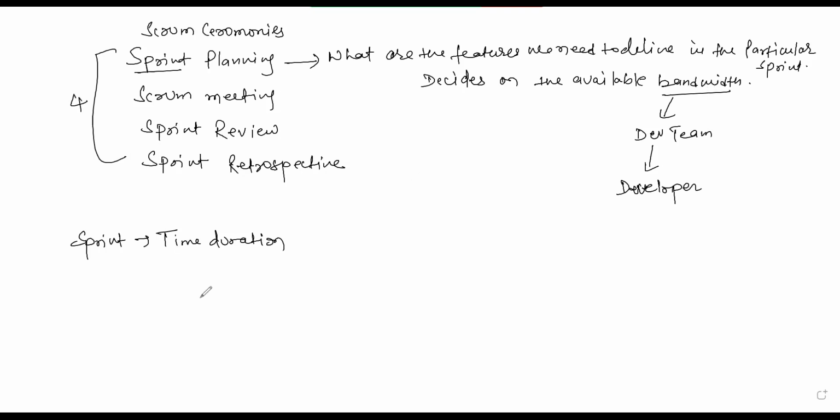Based on that, how much bandwidth is there. Let's say three developers are working, and the sprint is 2 weeks, so 10 working days. Let's say I'm taking productive hours as 6.